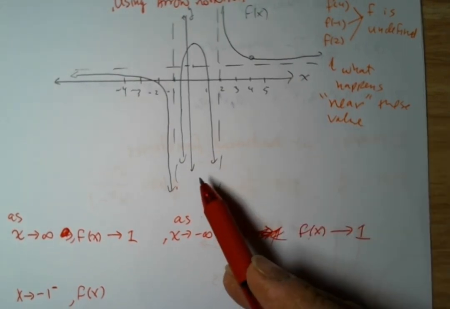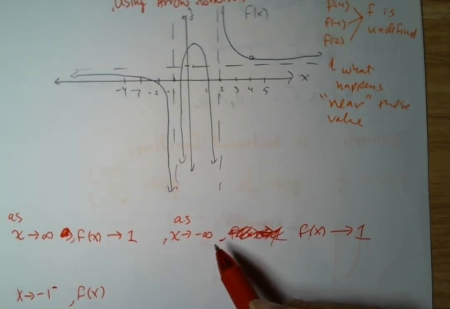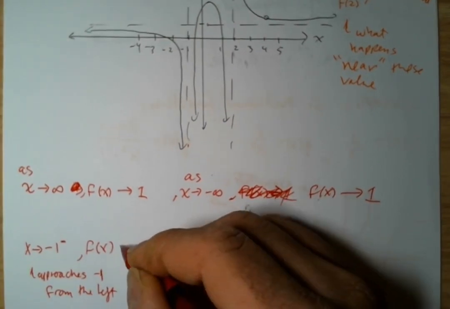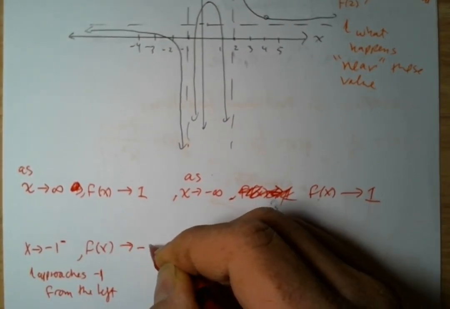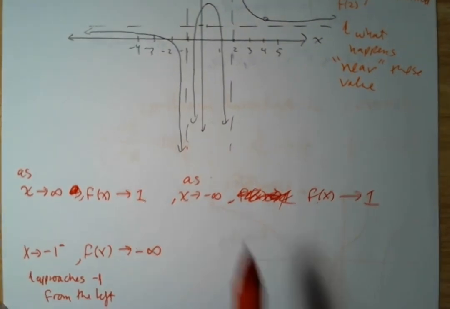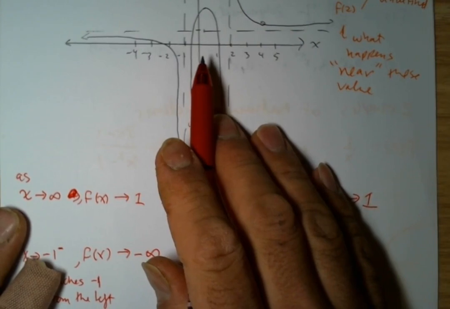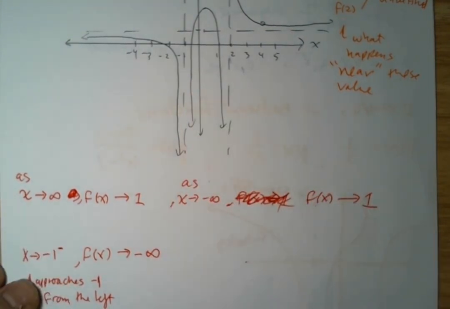In other words, it's getting larger in the negative direction without bound. It just falls off in that direction. And the way we describe that, similar to our end behavior, is that it is going towards negative infinity. Again, that only describes the behavior coming from the left side. I'm not necessarily guaranteed to have the same behavior on the right side.